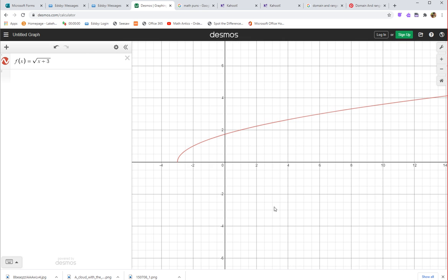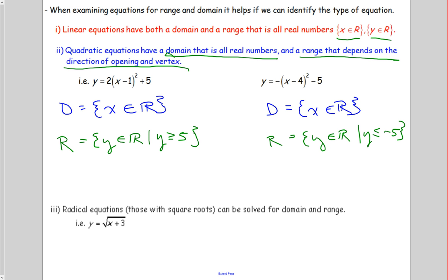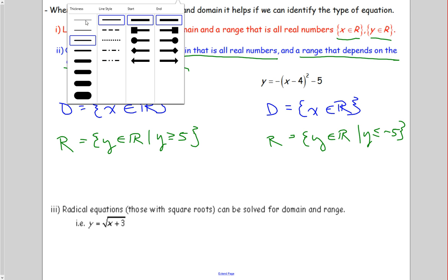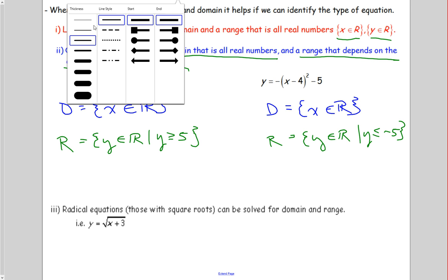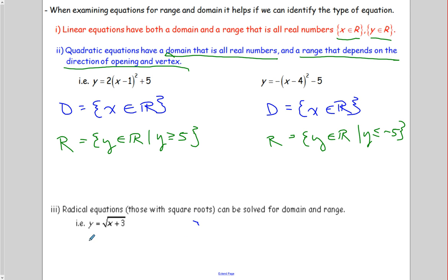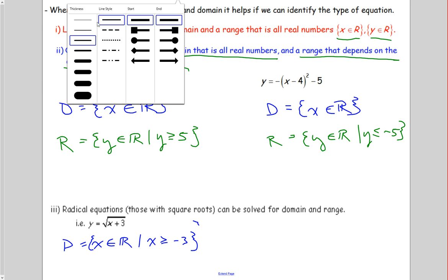So for my domain and for my range, let's do our domain first. I'm going to say x is, curly bracket, x is an element of real numbers, such that x is greater than or equal to -3. You can have any x value, but it's got to be -3 or bigger.